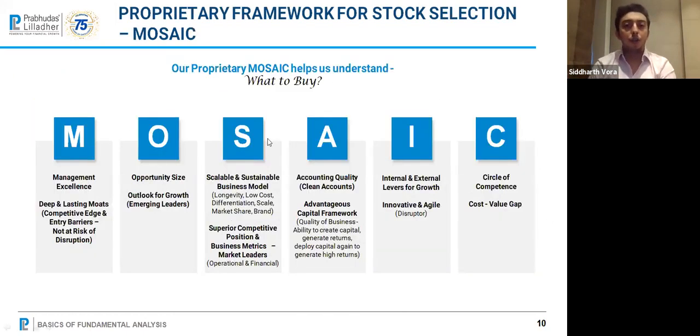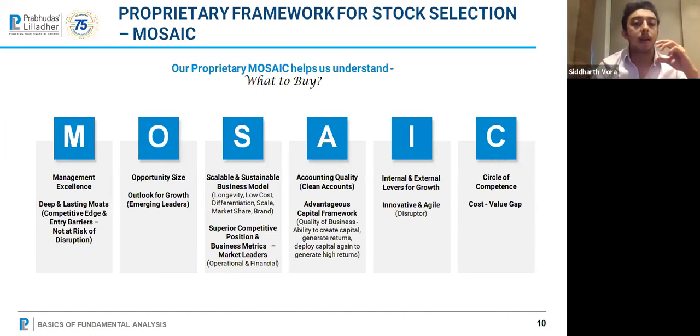Now, let me introduce to you my proprietary investment framework for stock selection. I've called it MOSAIC. MOSAIC, the word, means when small pieces of art come together to make a large, beautiful piece of art.